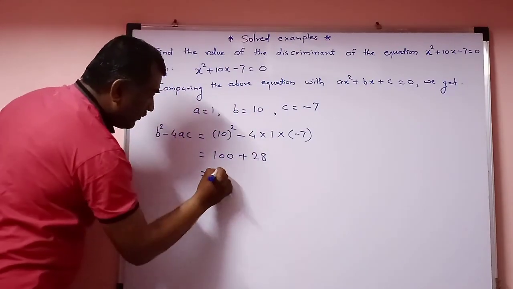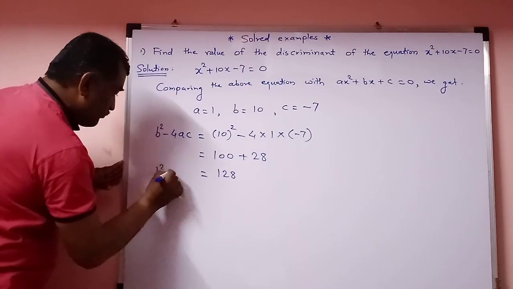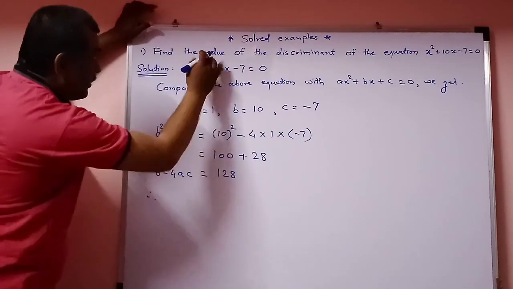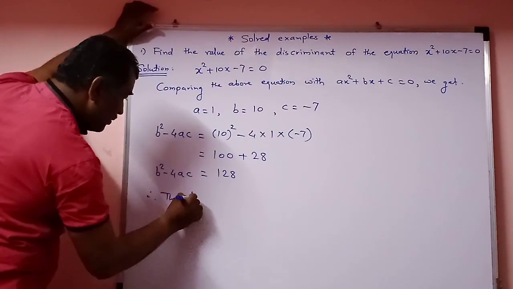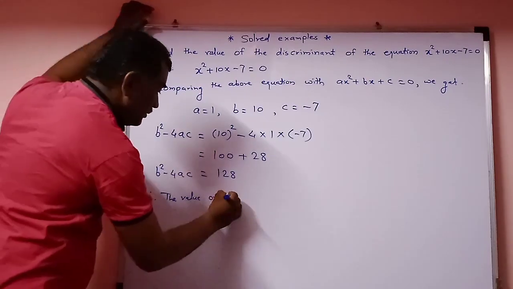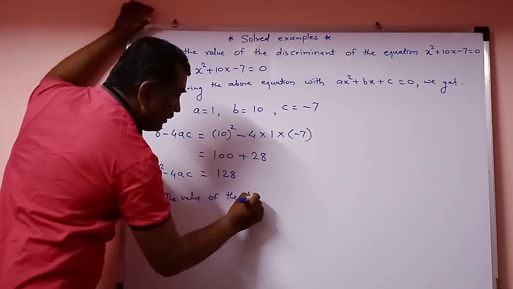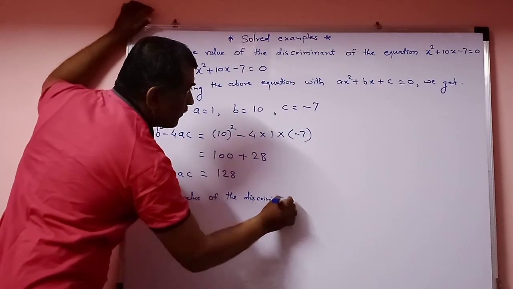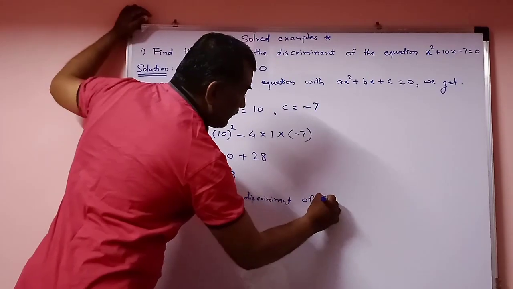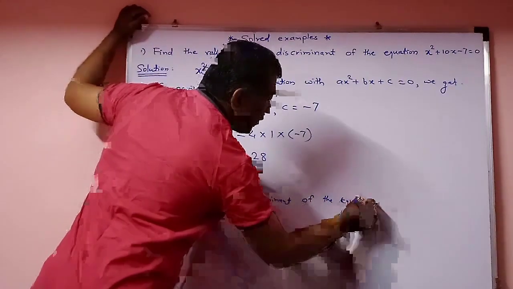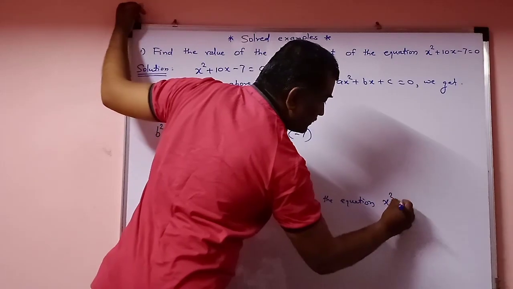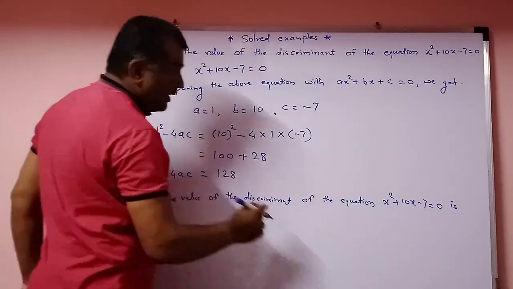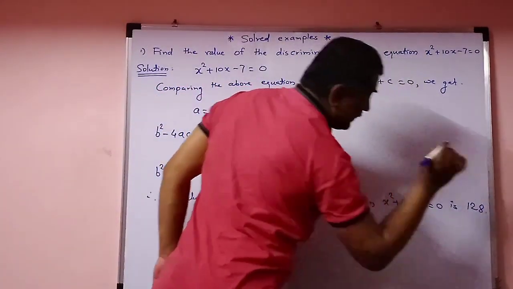Therefore 128. b square minus 4ac is equal to 128. Therefore, the value of the discriminant of the equation x square plus 10x minus 7 is equal to 0 is 128.